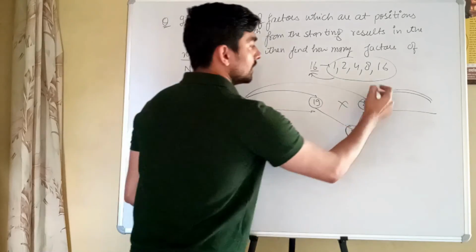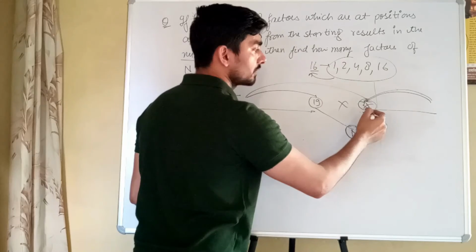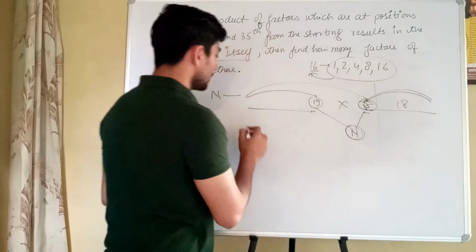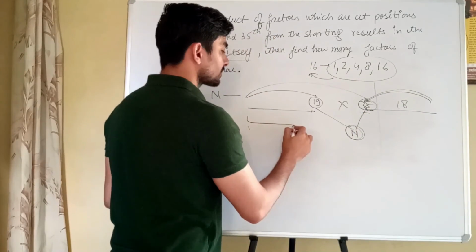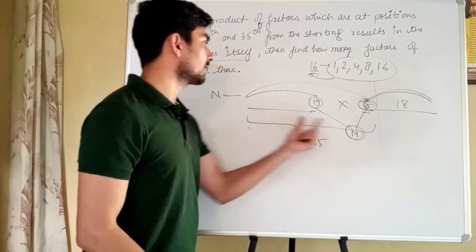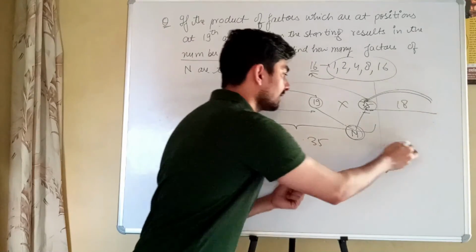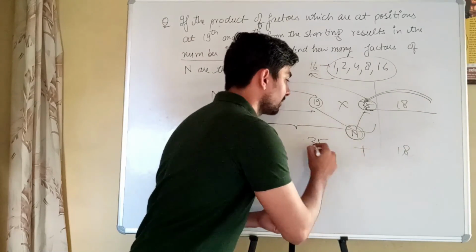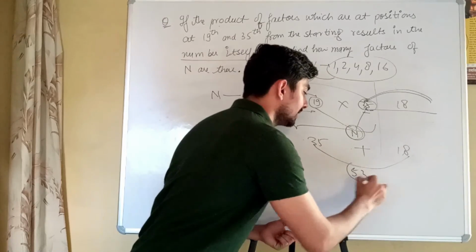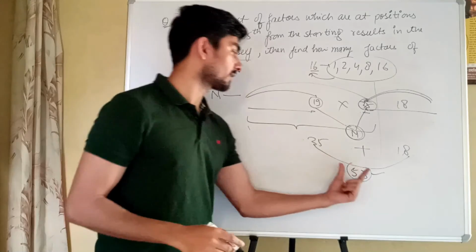That means the number of factors on the right side of the 35th factor is 18, and the number of factors from the starting up to there is 35. So 35 plus 18 gives 53. That means our total number of factors is 53.